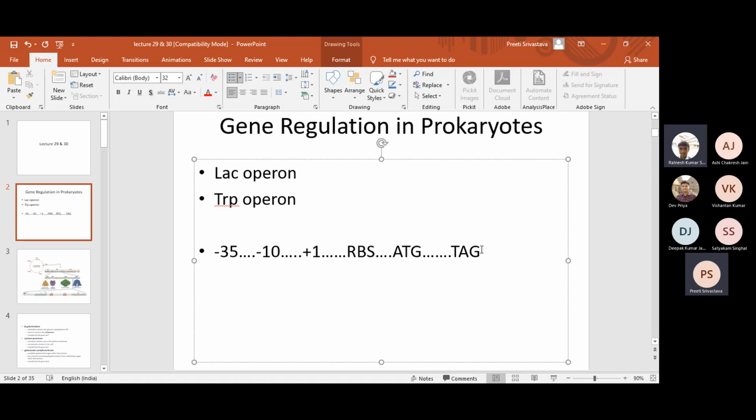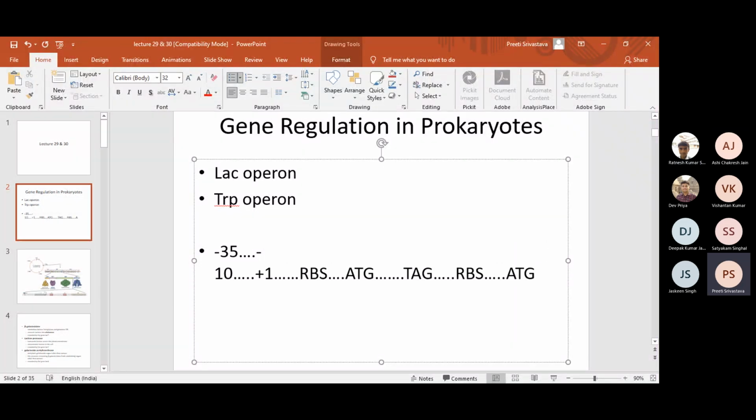When we talk about an operon, again what you will have is an RBS, and again you will have an ATG, and again you have some sequence. And then you have TAG, and again you have an RBS. So what I'm trying to tell you is that in the sequence you will find one promoter.